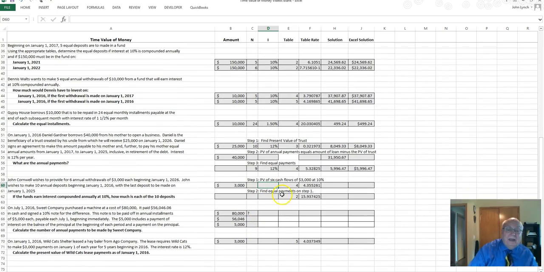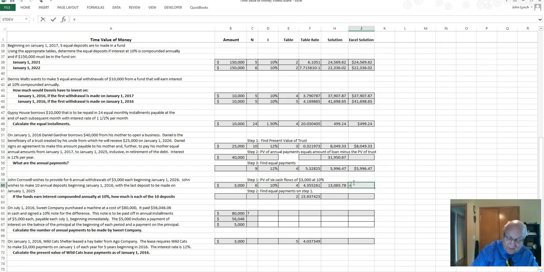All right. Then we have John Conal, $3,000, 6 periods, 10%. Table 4, look up the number. So we have equal the 3,000 times the table 4 number, which gives us 13,000.